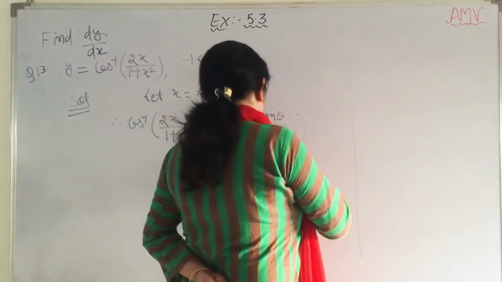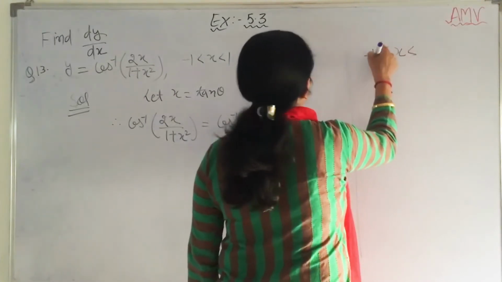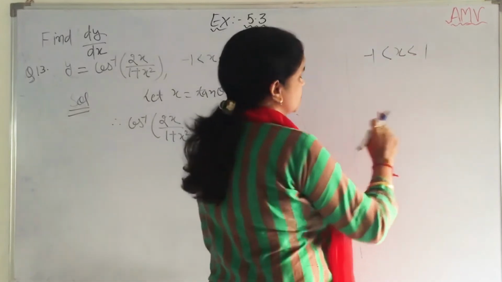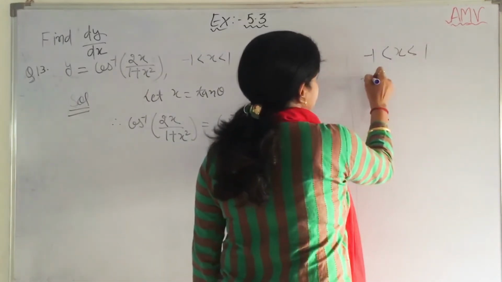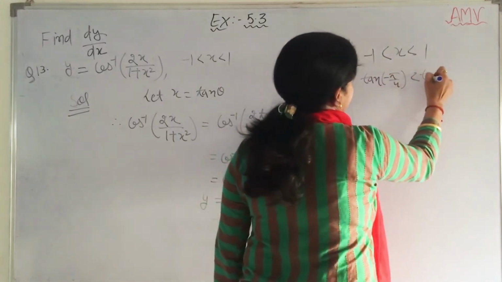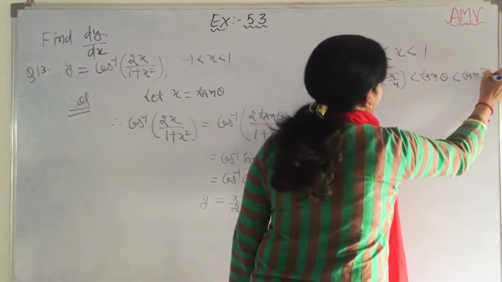For the range, you have to write, student, here x is given minus 1 to 1. And here we have taken x is equal to tan theta. It is tan minus pi by 4, and in place of x, tan theta, and it is tan pi by 4.